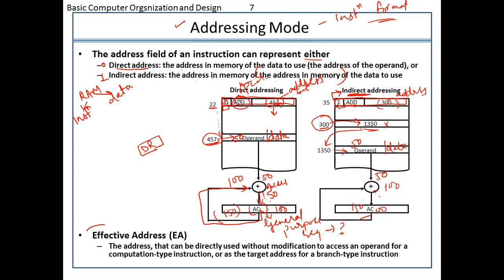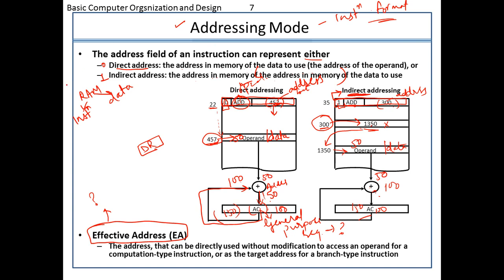Now, there is one important key term that arises now, which is the effective address. In case of direct or indirect, which address actually leads me to the data? The effective address is used to access an operand for a compute type instruction, or as a target address for a branch type instruction.